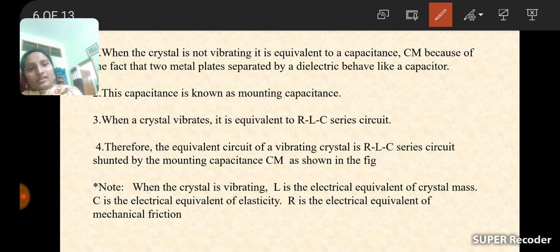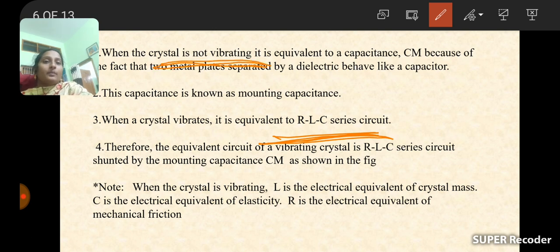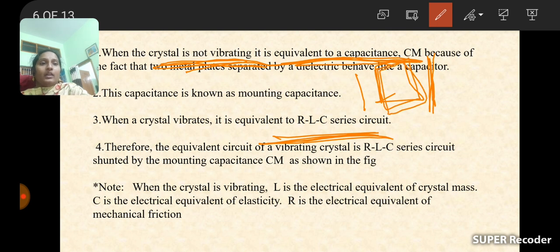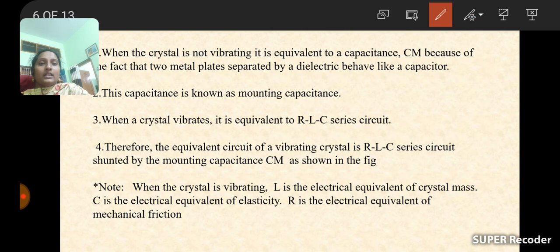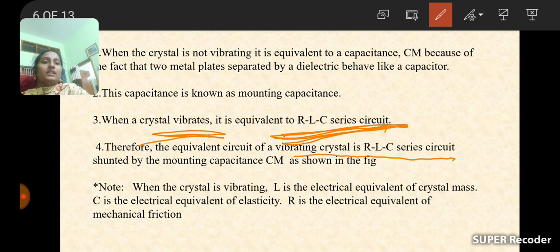If it is in a vibrating condition, it is equivalent to an RLC circuit. Is it clear? If the crystal is not vibrating, it is equal to a normal capacitance, because two metal plates are separated by a dielectric medium. If it is vibrating, it is equal to an RLC series circuit, shunted by the mounting capacitance Cm.